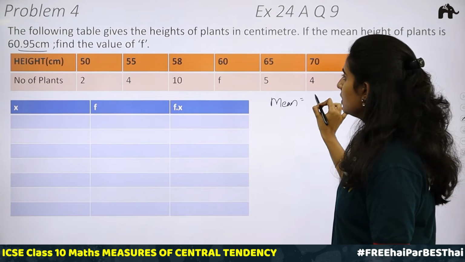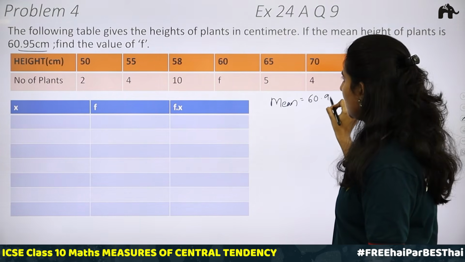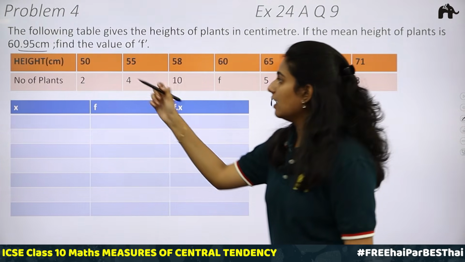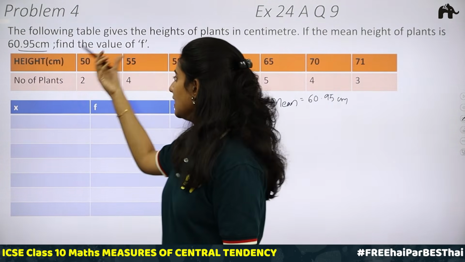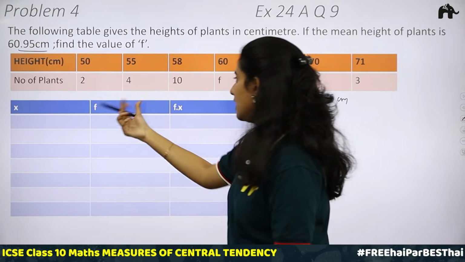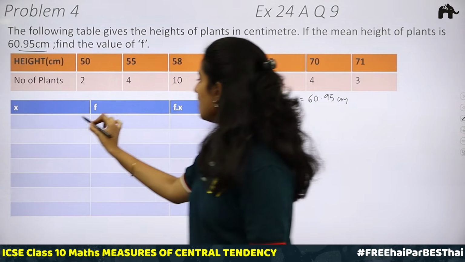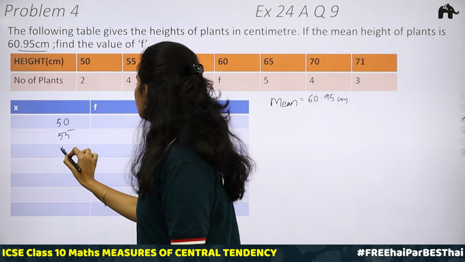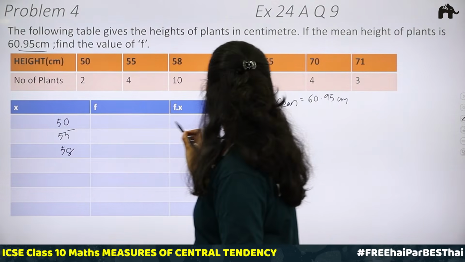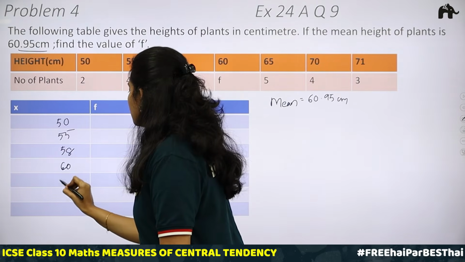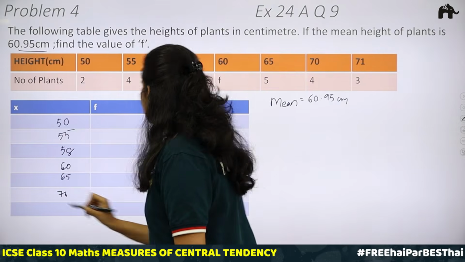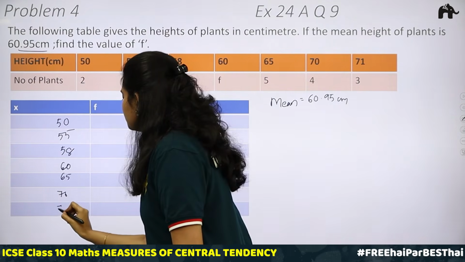Mean is equal to 60.95 centimeters. Okay, so we'll be taking height as x and the number of plants as the frequency, that is f. Here we have 50, 55, 58, 60, 65, 70 and 71.